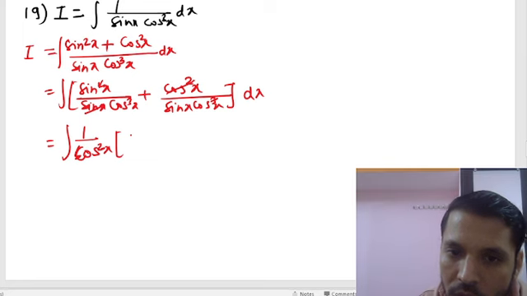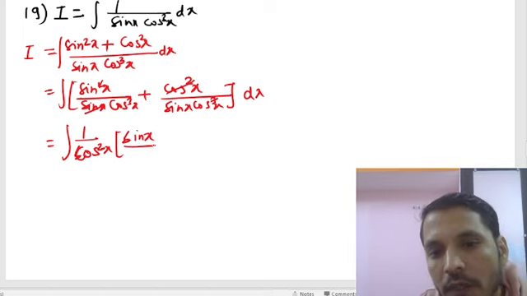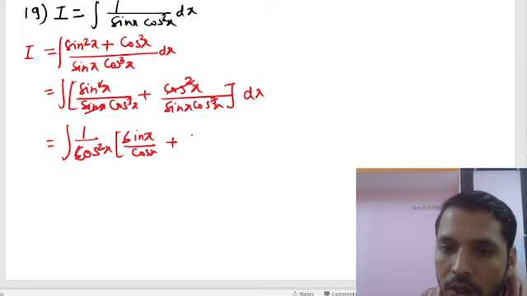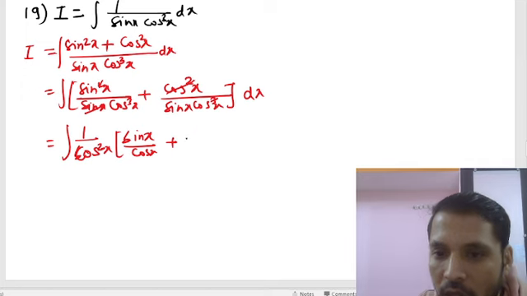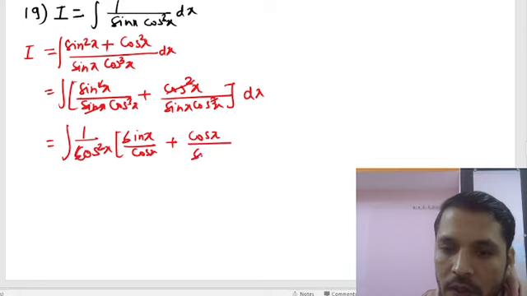If we take the cos x outside, the remaining will be sin x upon cos x, and here, because we have taken cos x, there is only one cos x remaining, so here we will have one cos x divided by sin x into dx.